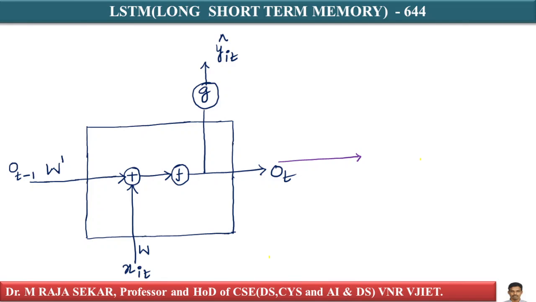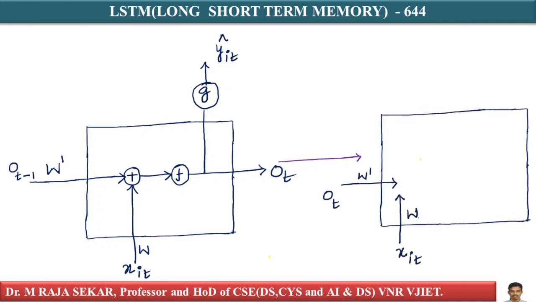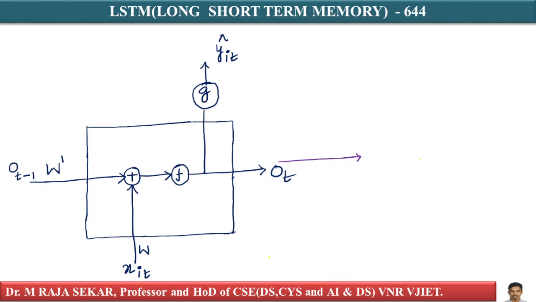We said we have two weights here: W dash and W. We multiplied this Ot minus 1 with this weight W dash, and we multiplied this input Xit with W, and then summed both of them up. Then we have an activation unit F which generates Ot.